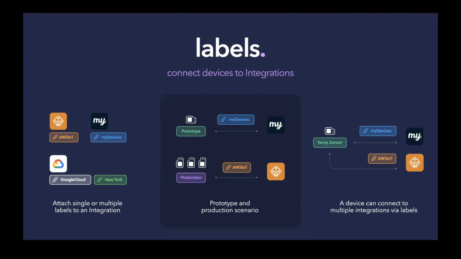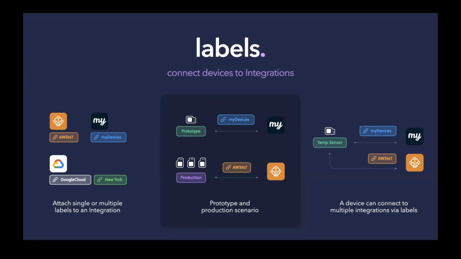In Console, we have two types of integrations, some that are pre-built and some that are custom. Pre-built, like My Devices or AWS, you can very quickly start sending data to those endpoints. And then we have more flexible types of integrations like HTTP or MQTT, where you can define where you want to send that data.